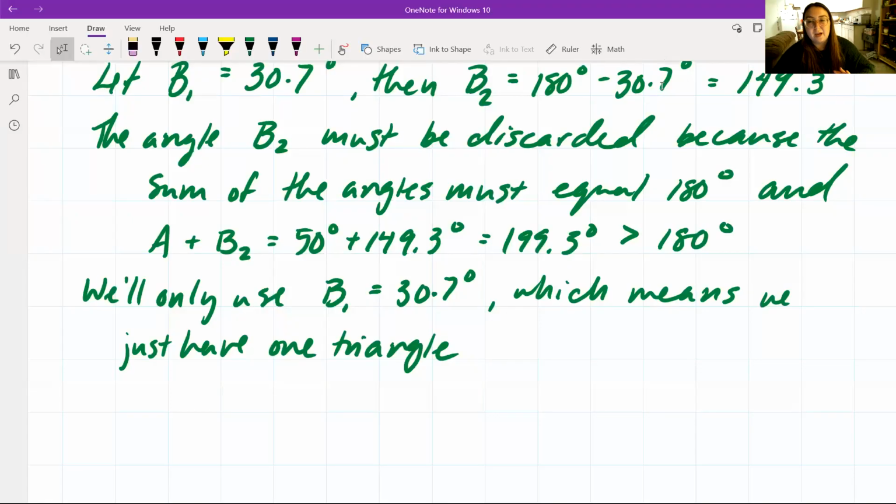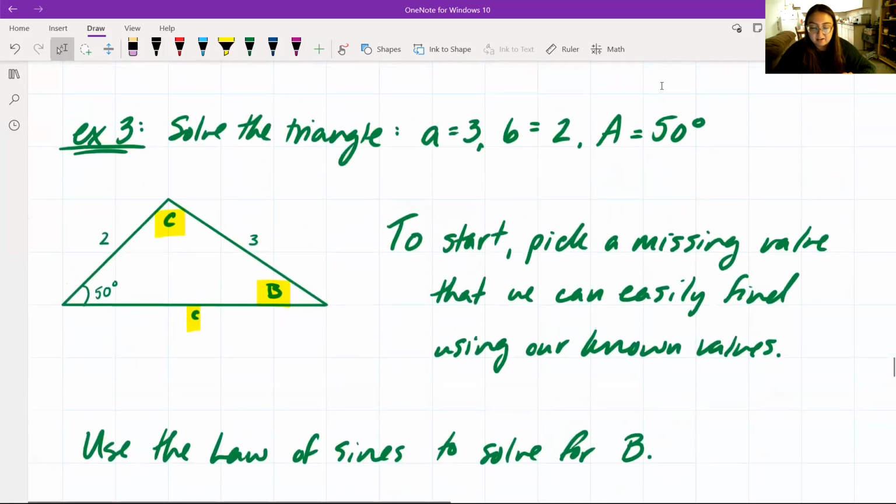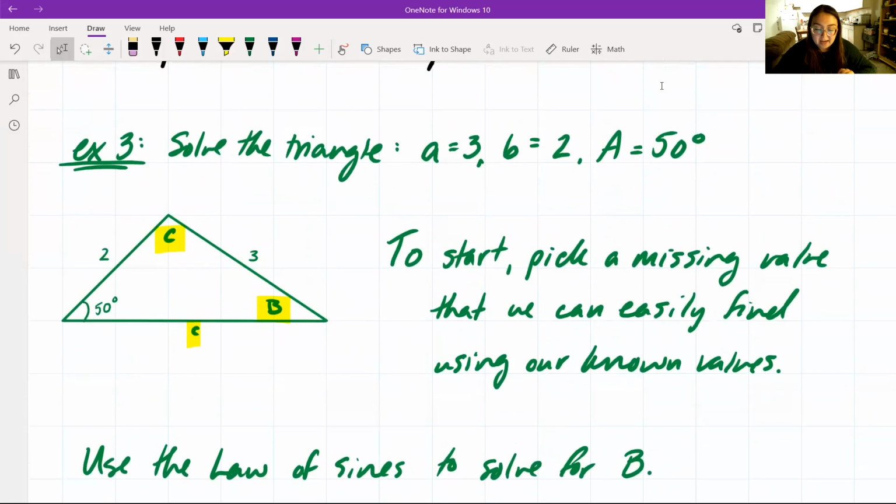We can also determine that we were only going to have one triangle anyway, because we already knew the angle measurement of capital A, and capital A corresponds to the side length lowercase a, and length b was 2, and we see that a was greater than b, which means it's just one triangle.